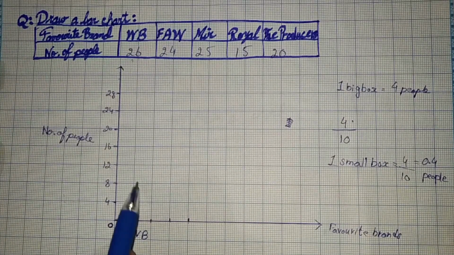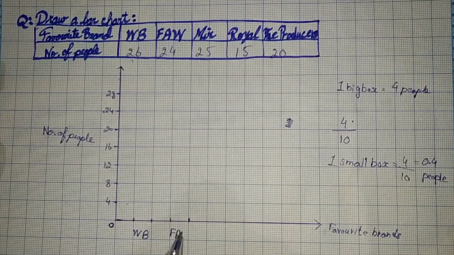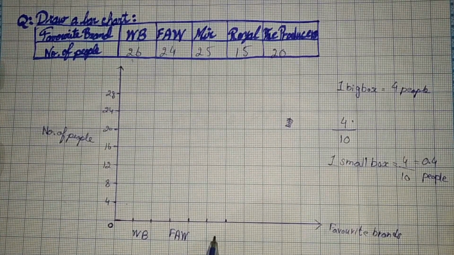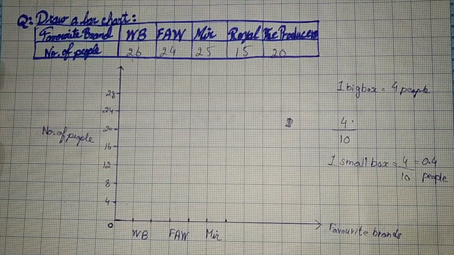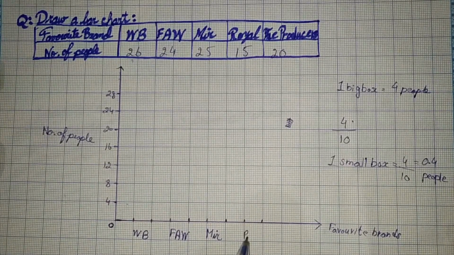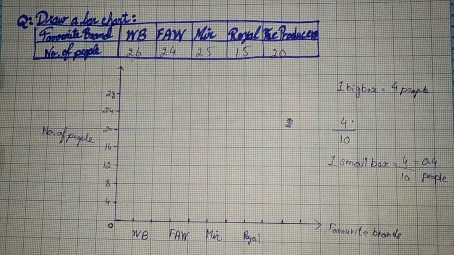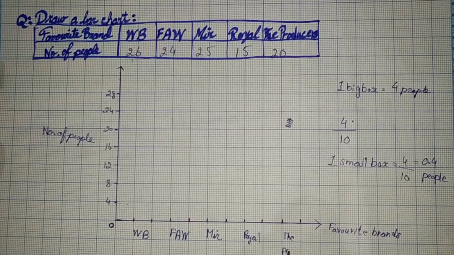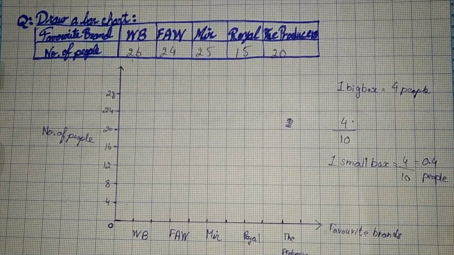Here I will draw a bar for FAW, here a bar which will represent Mir company, here a bar which will represent Royal company, and finally a bar which will represent the producers company.